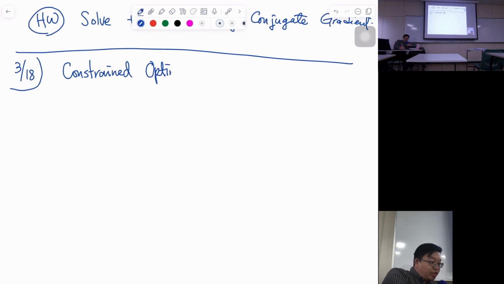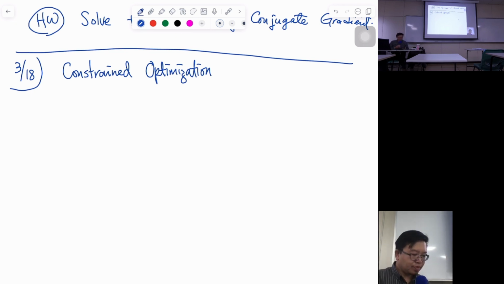Today, I'm moving on to a different area. So today, we are going to cover constrained optimization. After today, you will know how to handle optimization with constraints.